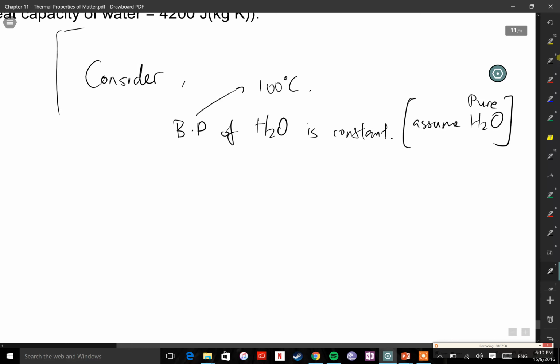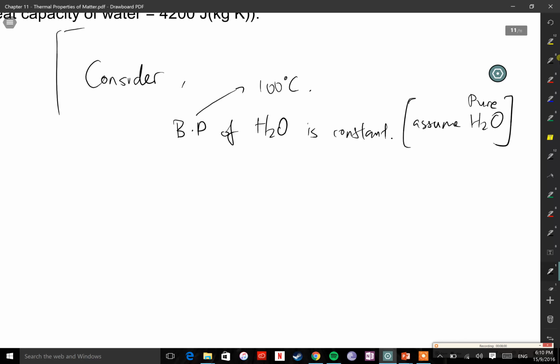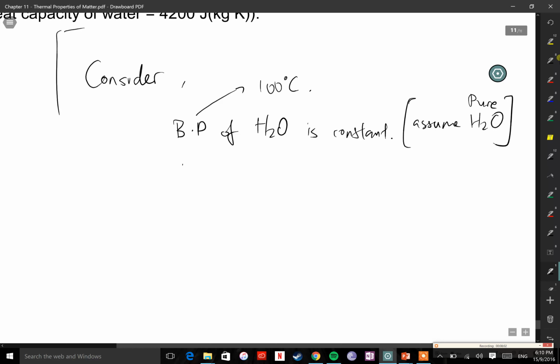Now the thing I want to ask is how can the boiling point increase when heated up?